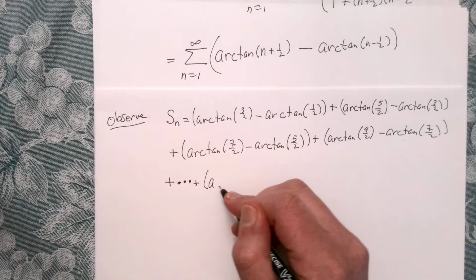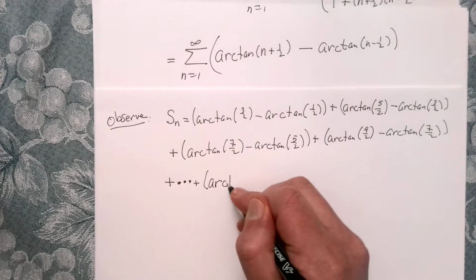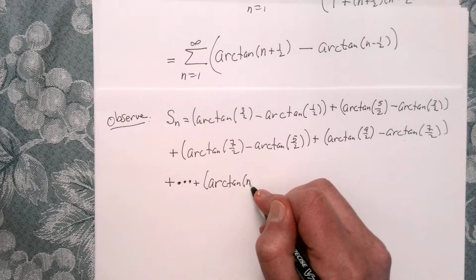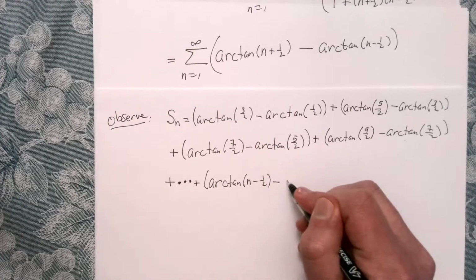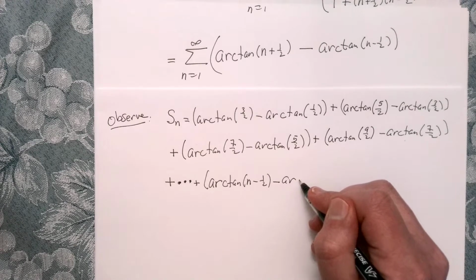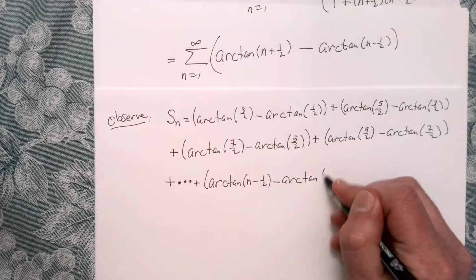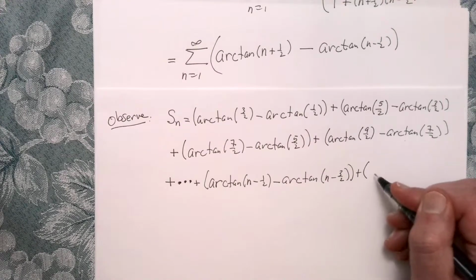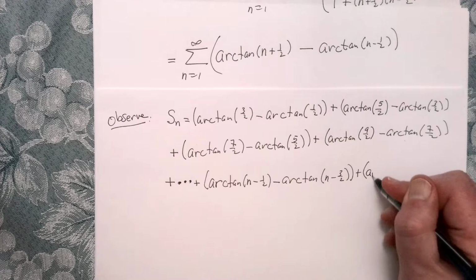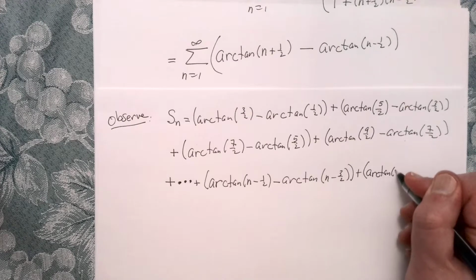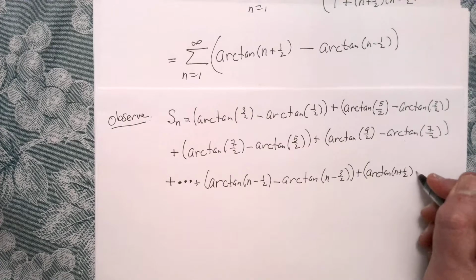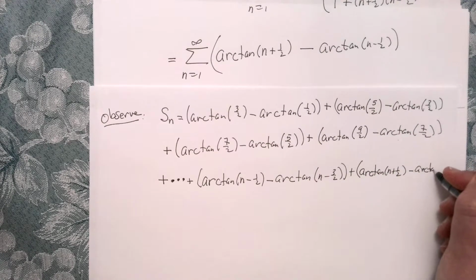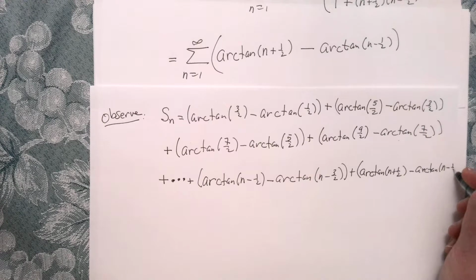So this would be the arctan of n minus 1 half, minus the arctan of n minus 3 halves. So again, that's the n minus first term. And then plus, the nth term looks like this. So that's the arctan of n plus a half minus, can we fit that? I think we can. So that's the arctan of n minus a half.